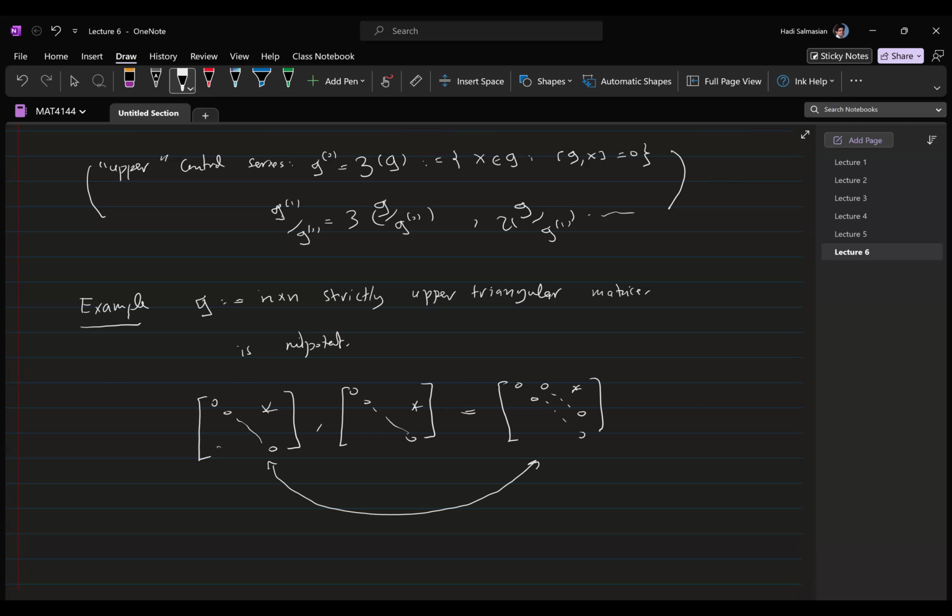But the upper triangular matrices do not form a nilpotent Lie algebra, because when you take the commutator of an upper triangular and a strictly upper triangular matrix, you remain in the strictly upper triangular matrices. You do not get one extra row of zeros. Okay?